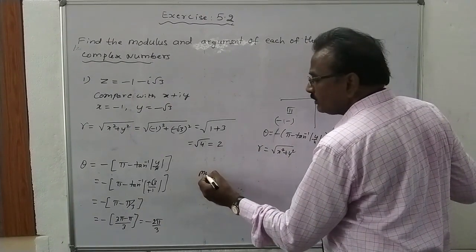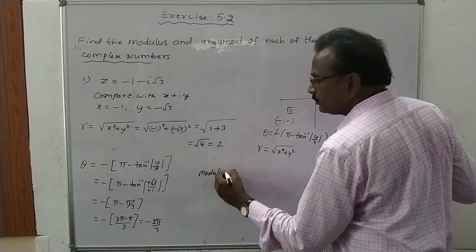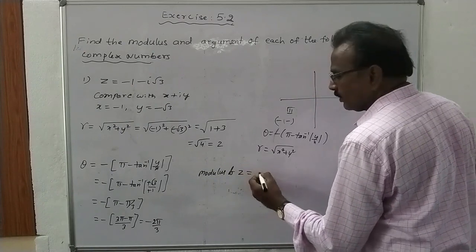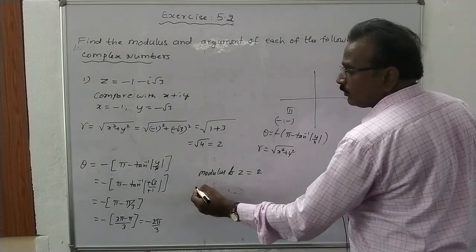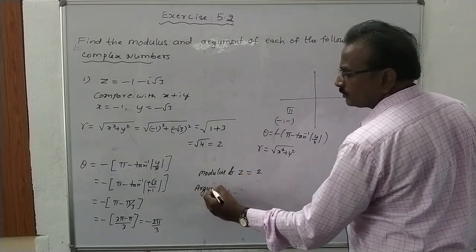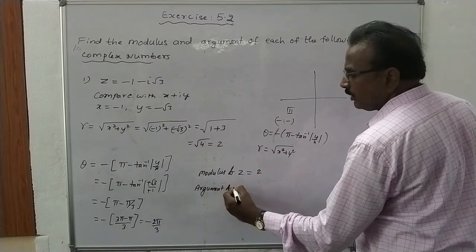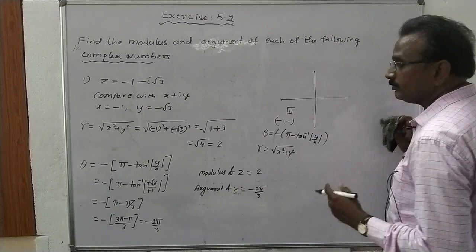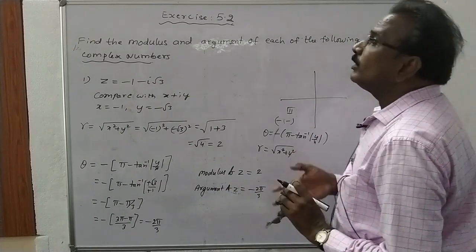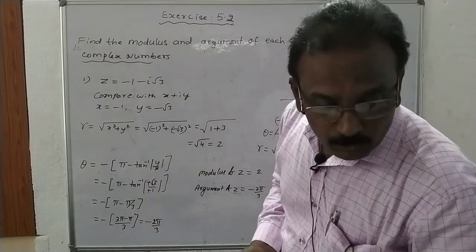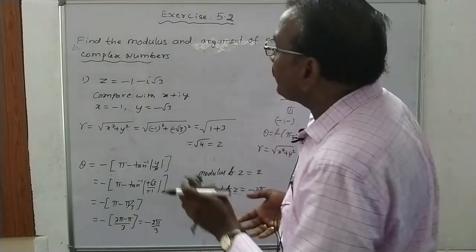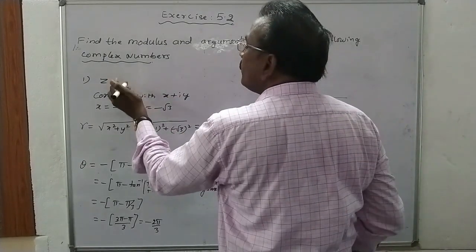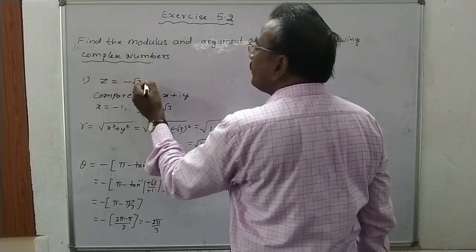The modulus of z is equal to 2 and the amplitude or argument of z is equal to minus 2 pi by 3. That is the theta value. So this is question number 1. Question number 2, z is equal to minus root 3 plus i.